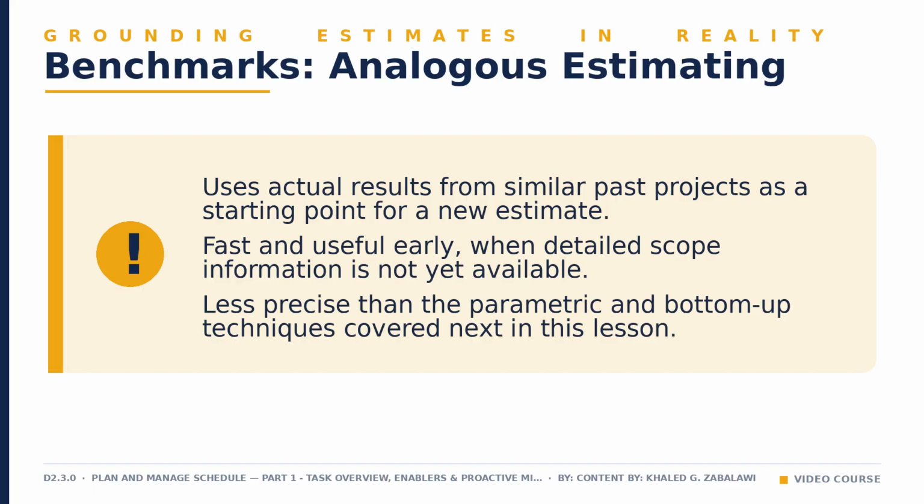The trade-off is accuracy. Because it relies on similarity rather than calculation, it is generally the least precise of the estimating techniques. That is exactly why this task's next enabler moves you toward sharper tools, parametric and bottom-up estimating for predictive work, and relative sizing for adaptive work, which you will build in the next part of this lesson.